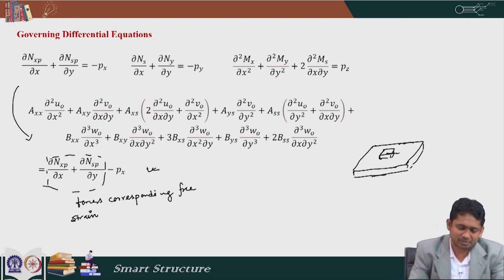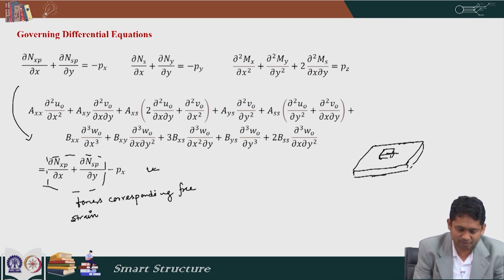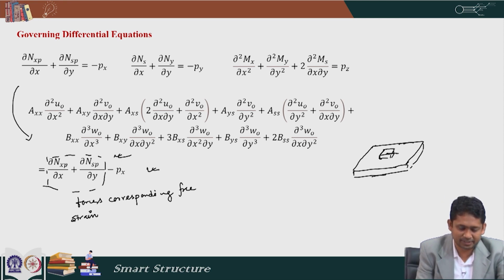The expressions for nxp, nyp, nsp we will see later on. For now, let us assume that there are piezoelectric patches and we know the expressions for nxp, nsp and nyp, and they are accounted for in the differential equation in this form. We will see what nxp, nyp, nsp are in terms of the free strains later on.